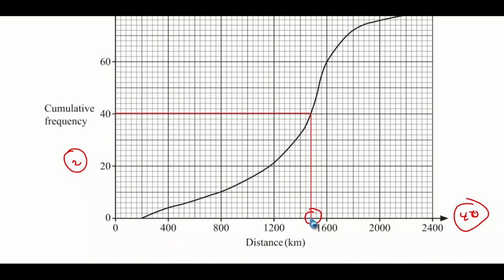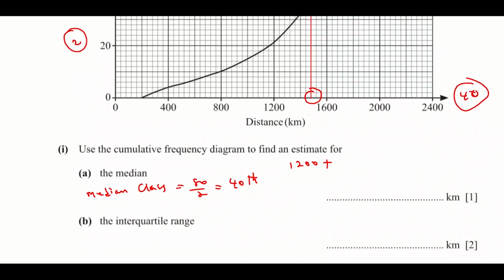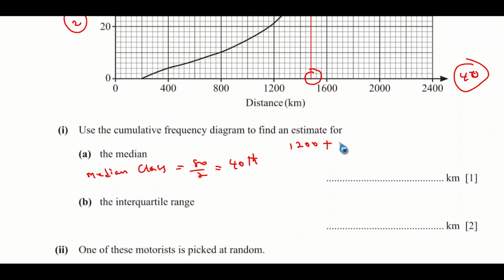Yes, I think this should be 7 lines: 1, 2, 3, 4, 5, 6, 7. So that will be 1,200 plus 40 times 7, because we have 7 lines and each is 40. That will be 280, so the median equals 1,480.